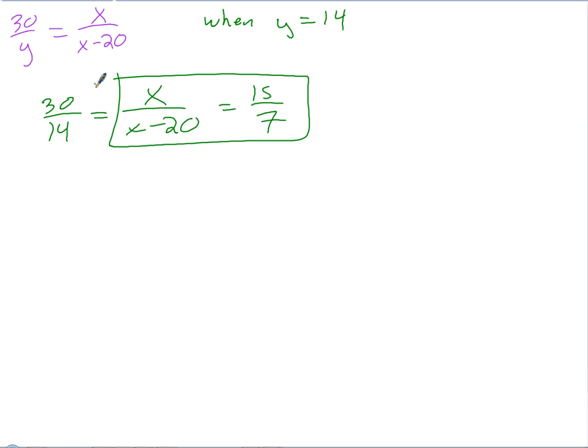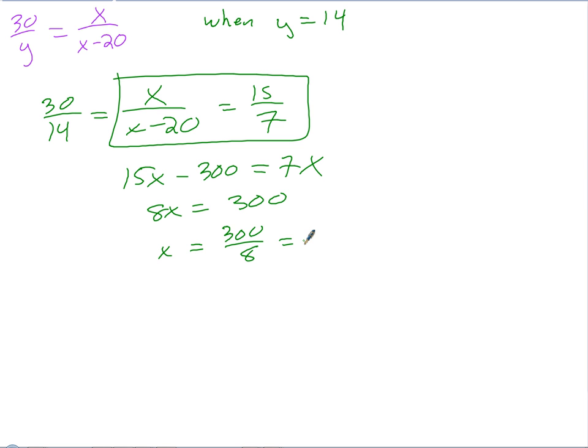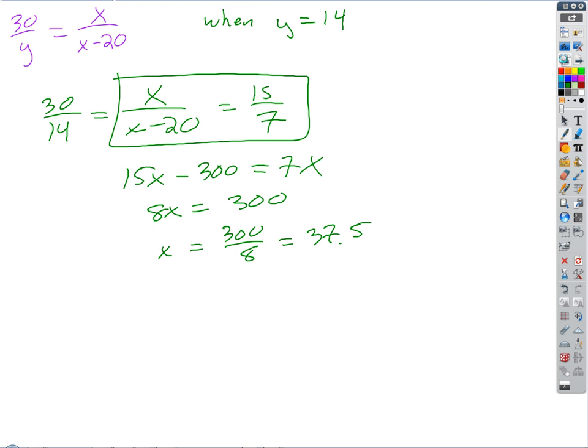If I cross multiply, I get 15x minus 300 equals 7x. So 8x equals 300. So x equals 300/8, which is 37.5. So x is 37.5. We can add that to our snapshot variables.